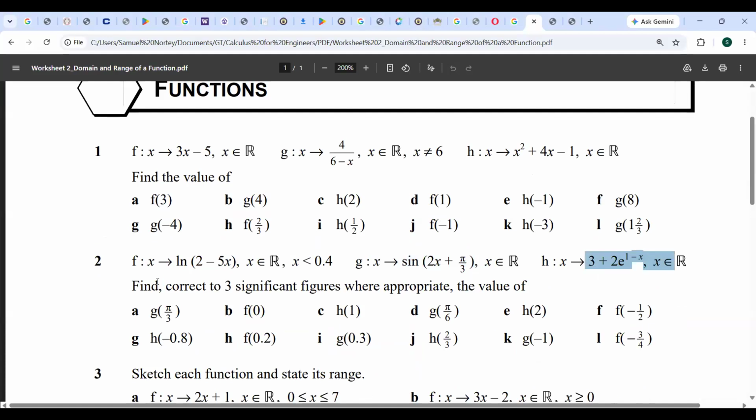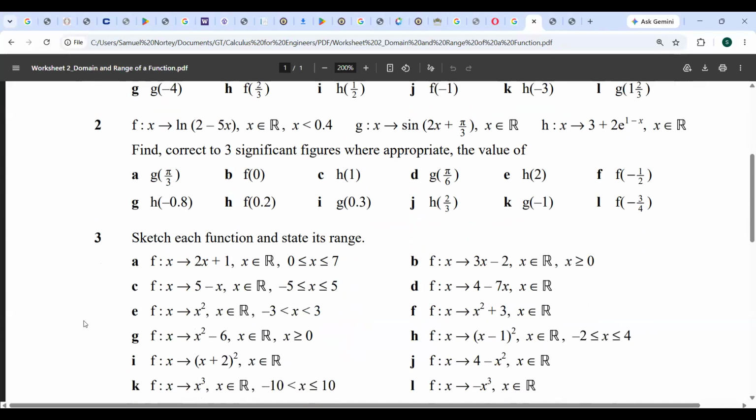Again, you still want to find the range of this input of x. Obviously, some of the outputs will be decimals, and therefore, please leave them in 3 significant figures. Then question 3, yeah.